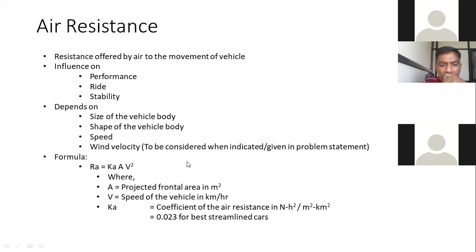The value of K is 0.023 for the best streamlined car, 0.031 for an average car, those cars which are not streamlined, and 0.041 for trucks and lorries.